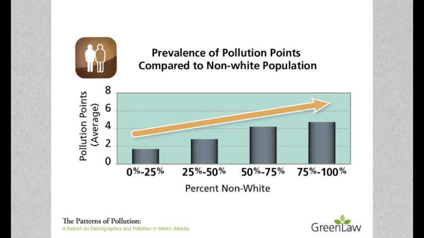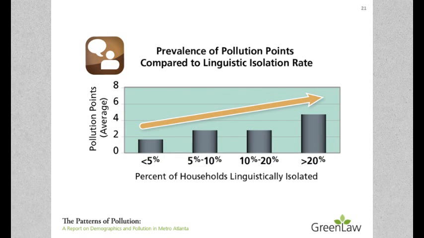So in blocks where, on average, less than 25% of the population is non-white, you're seeing a little under 2 pollution points per block, and then further along, when you're looking at communities that have over 50% non-white population, you're seeing on average their pollution points are a little over 4.